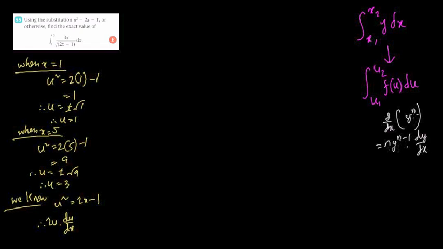If it was y square, it would be 2y into dy by dx, and this is u, 2u du by dx, and this side derivative would be 2. Therefore we can write u du equals dx. So this 2 and this 2 will cancel off, and we can write u du equals dx. That's the substitution.